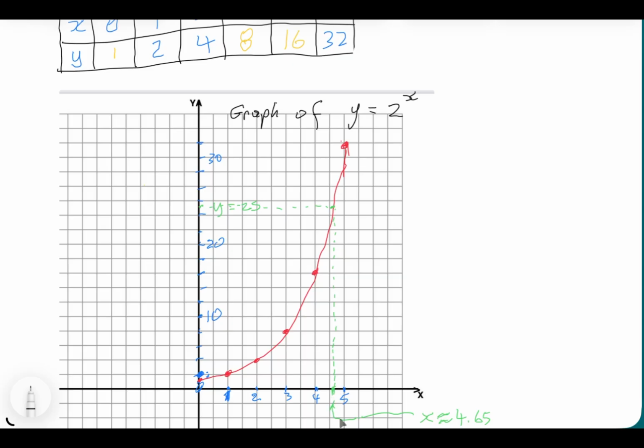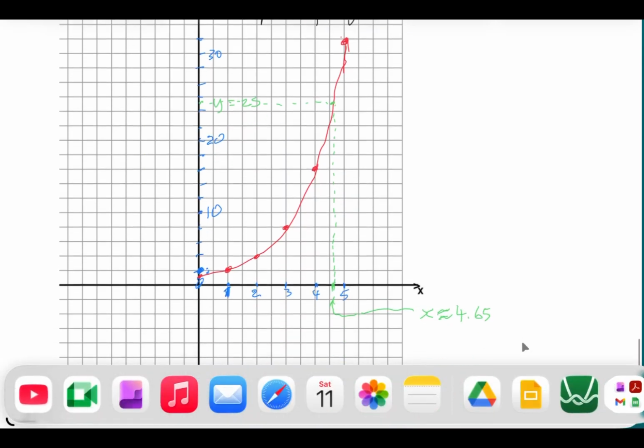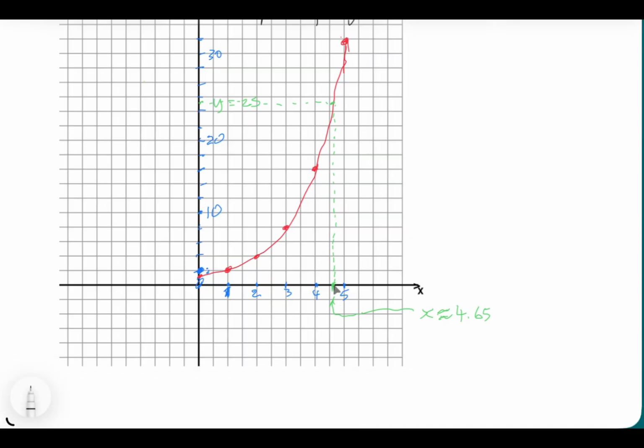But they want it to 2 decimal places, so you have to make a good educated guess, and you get 4.65. Now, if you were to work it out algebraically, you would have got something like 4.64 and some numbers afterwards. But 4.65 is a very good estimate for this point right here.